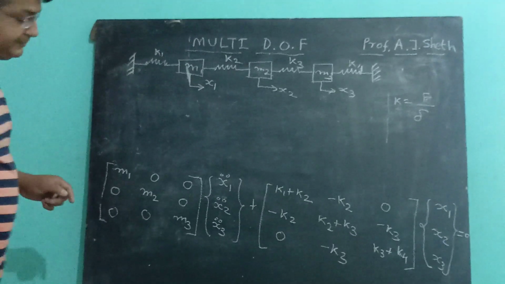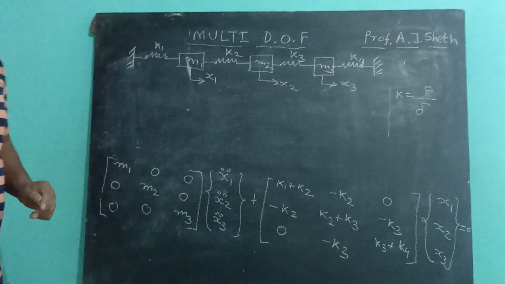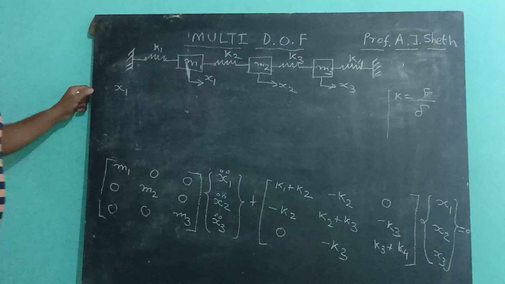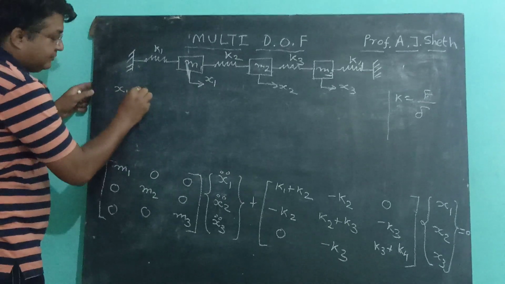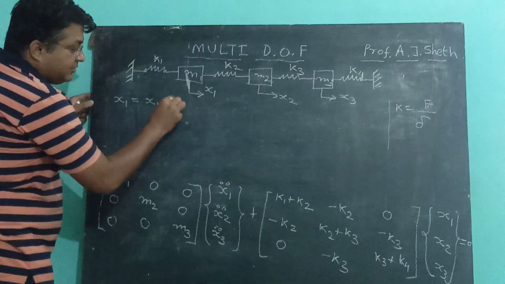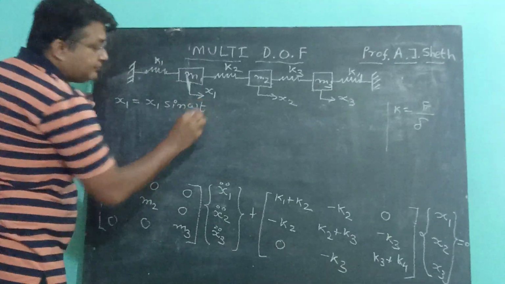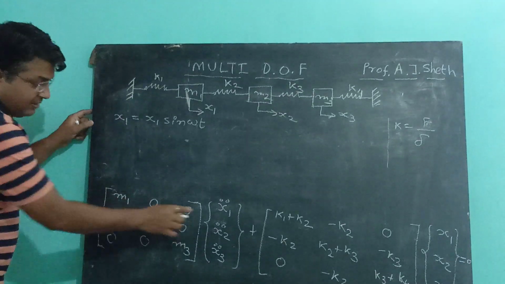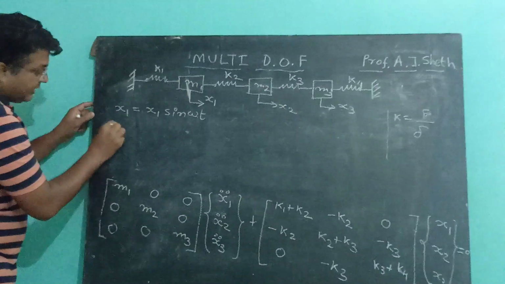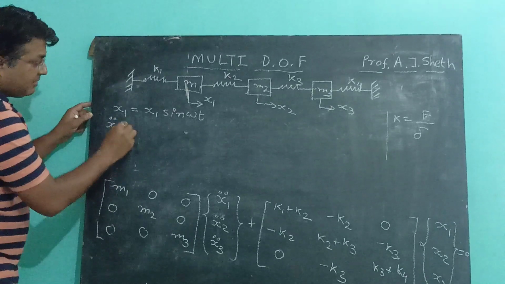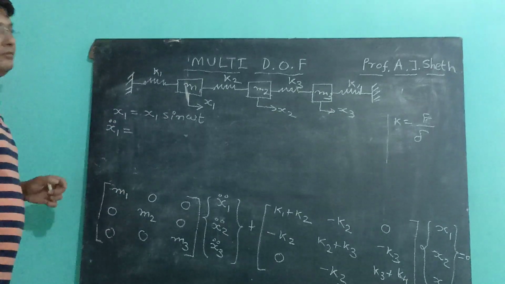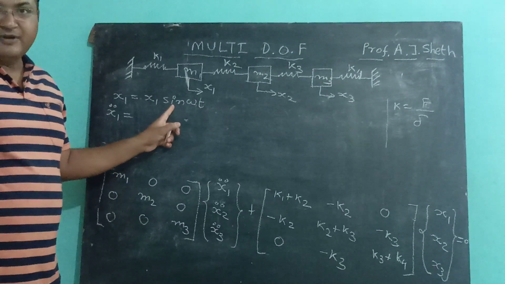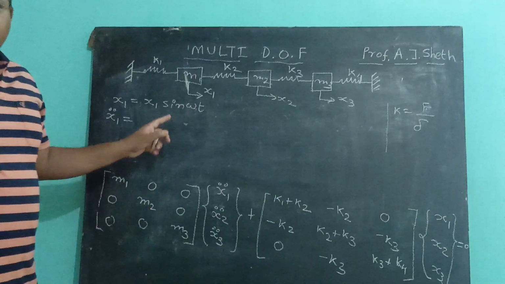But prior to this, let us solve this matrix first. So we have considered x1 equal to x1 sine omega t, a simple harmonic motion. So we need acceleration. The acceleration x1 double dot is equal to x1 times the differentiation of sine omega t.